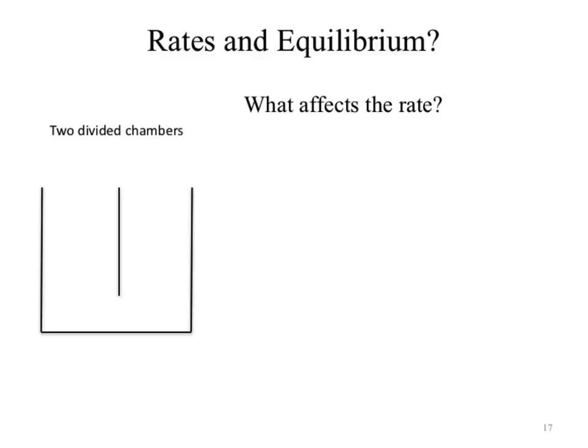The next part of this is that we didn't talk anything really about rate. Well, Megan suggested something about rate, that if we had our two divided chambers, how could I speed the reaction to form products faster? Okay, adding a catalyst. What does the catalyst do to this chamber?